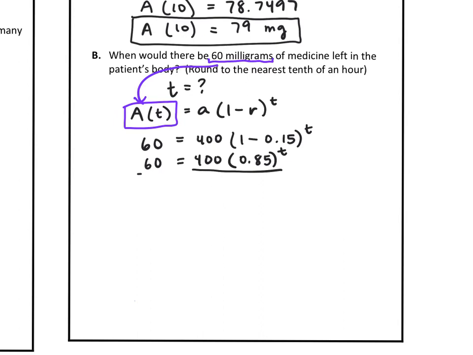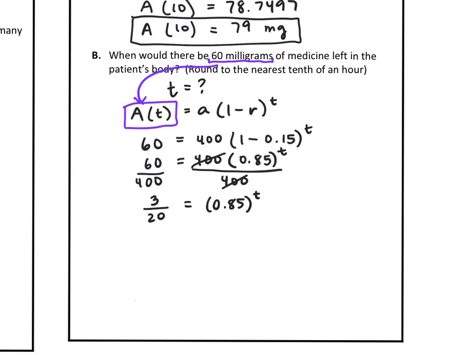Divide both sides by 400. 60 over 400. 60 divided by 400 will reduce to 3 over 20, equals 0.85 to the power of t.